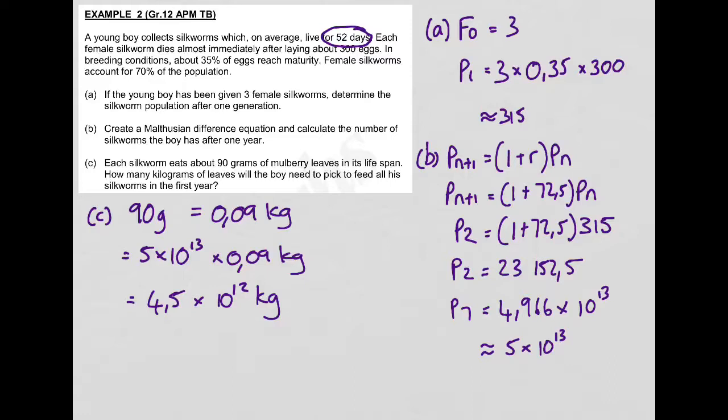But in the wild, there's a lot more other environmental factors, such as being eaten by birds and things like that, that it would just not be possible to have this amount of silkworms, and it would also not be possible to have that amount of mulberry leaves. 4.5 times 10 to the power of 12 kilograms is equal to 4,500,000,000,000,000,000. So you can see that is an impossible number of kilograms to have.